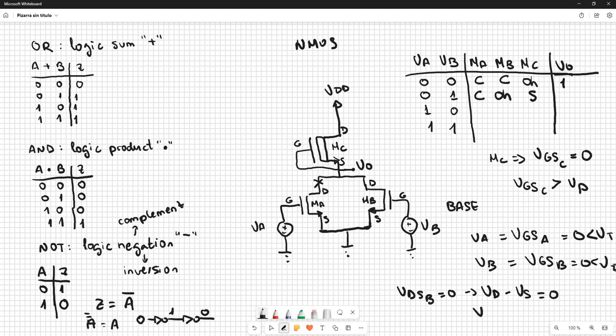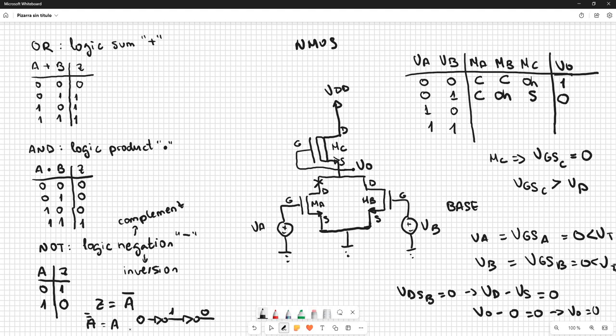In the drain we have the output because they are the same connection, this is a cable. And in the source we have ground, that is 0 volts. So the output is 0.